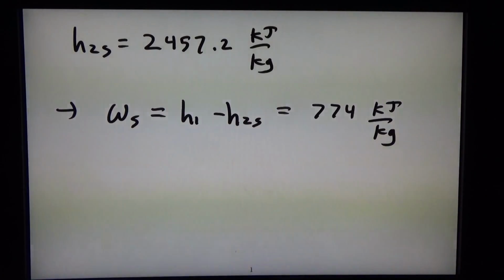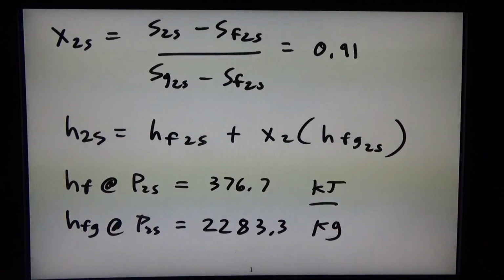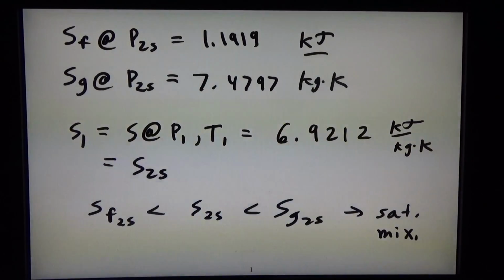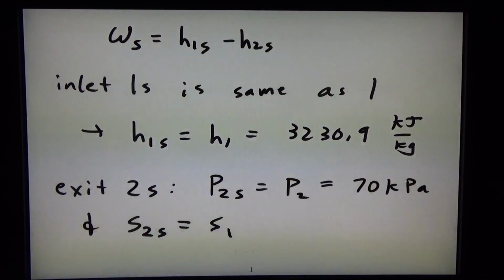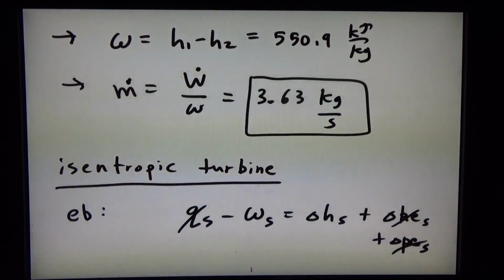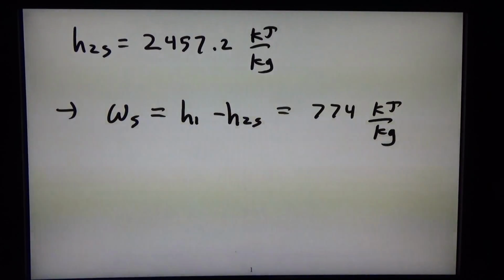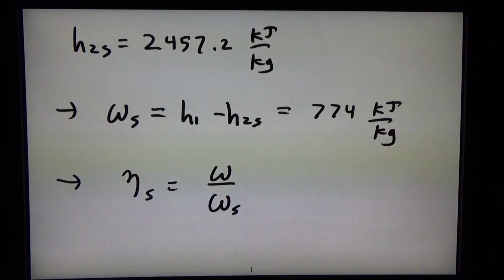The isentropic output work of an isentropic turbine should be bigger than the actual device. 774 for our isentropic device, and for our actual device it was 500 something, 550. Once we know this, we can calculate isentropic efficiency: work of the actual device divided by theoretical maximal work for that type of device.